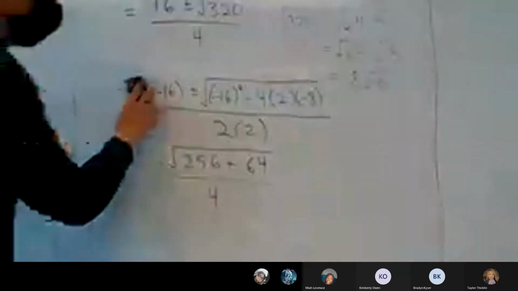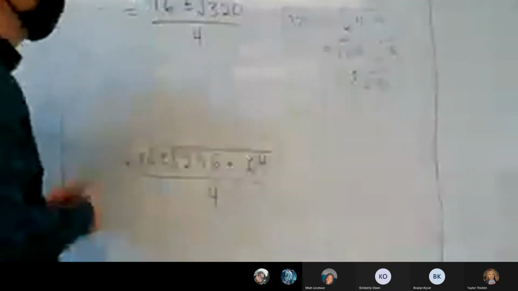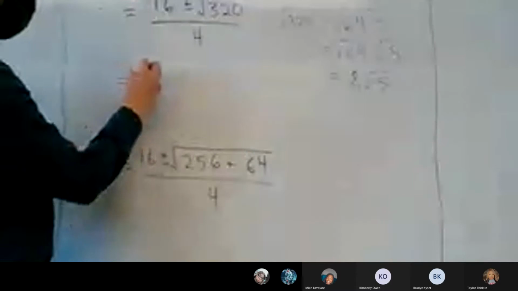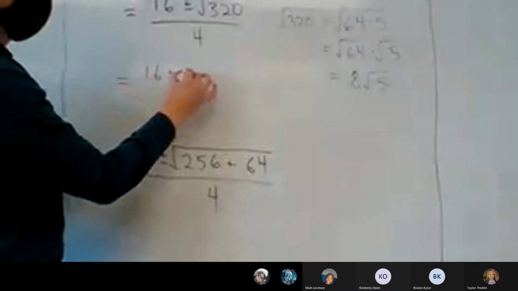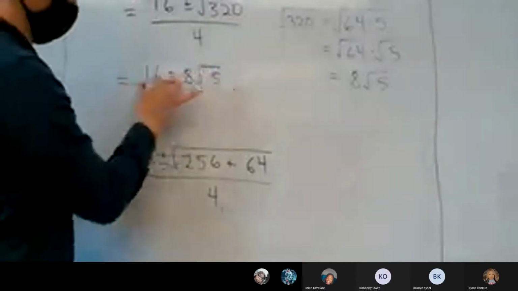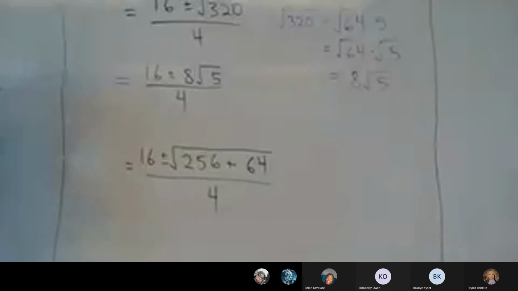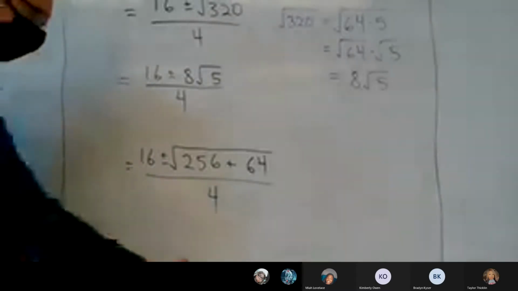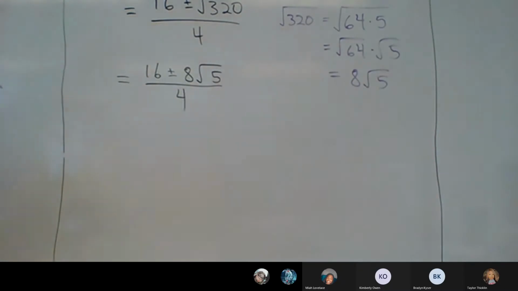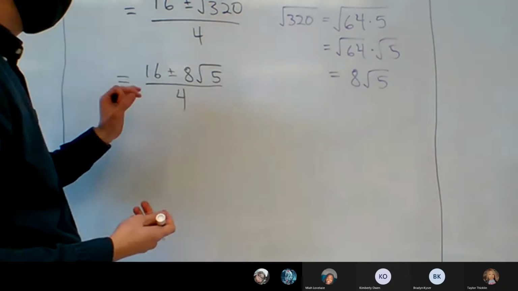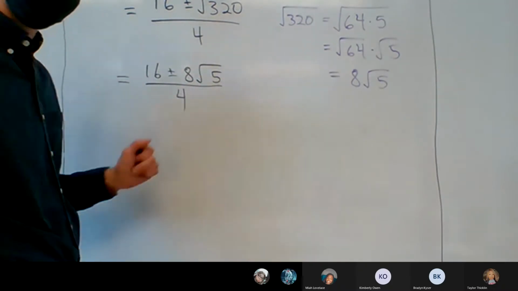Okay. So now my next step, I'm just going to keep erasing a step at a time as I go here, is going to be 16 plus or minus 8 square root of 5 all over 4. So the square root of 320 turned into 8 square roots of 5. Now I need to look for simplifying this fraction.